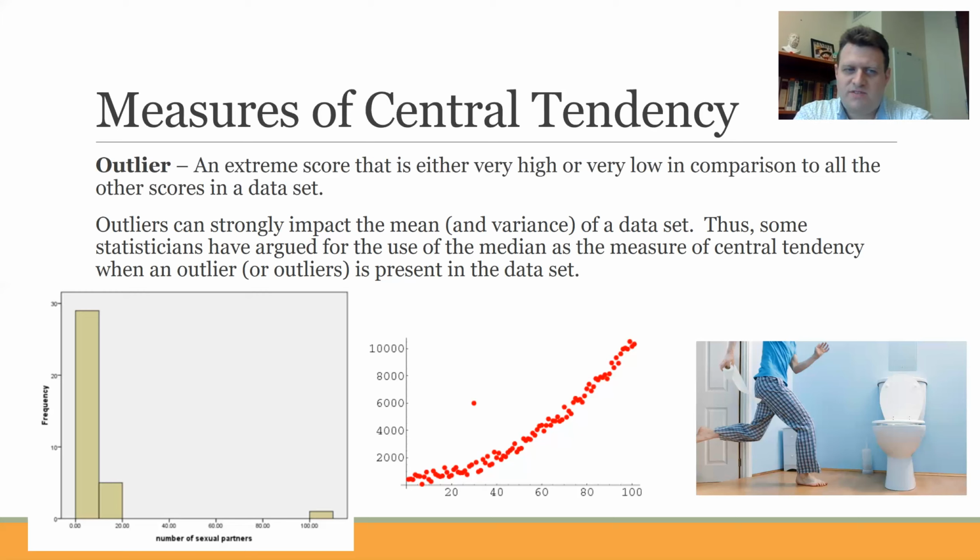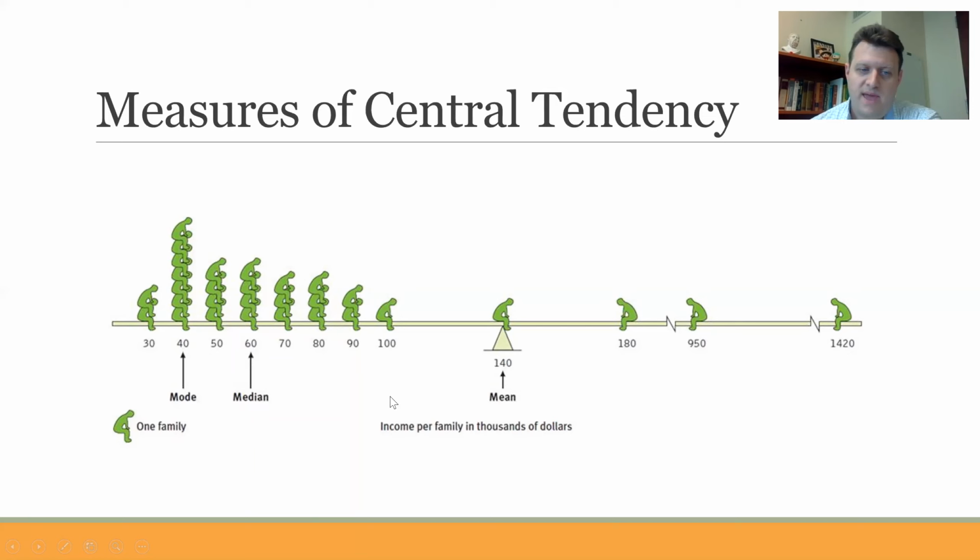So some statisticians have argued that if we have outliers, the median is a better measure of central tendency. And that is the case. All right. So let's go back here with our Bill Gates example of how much money people in a neighborhood make. The median is not heavily influenced by these outliers.